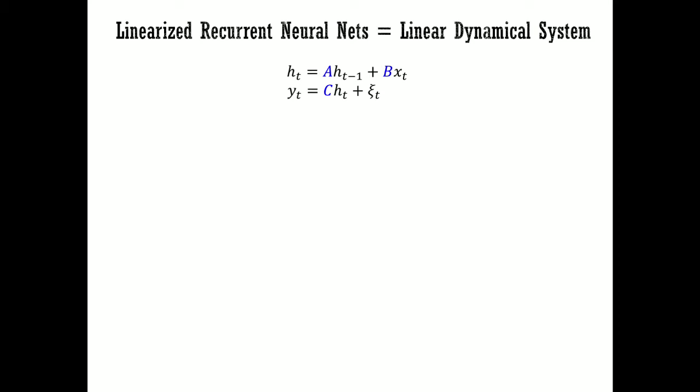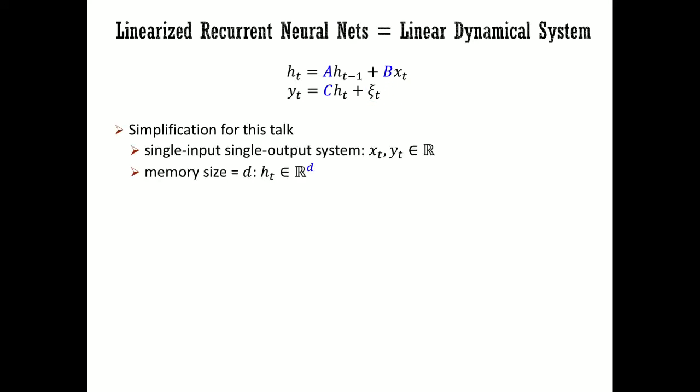So h_t, the hidden state at time t, is a linear function of the state at time t-1 and the input at time t, and the observation is a linear function of the state at time t, plus a noise vector. Here A, B, C are unknown parameters with compatible dimensions, and the noise is a vector.